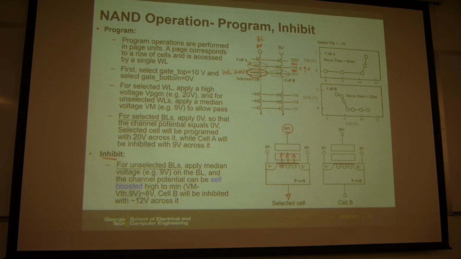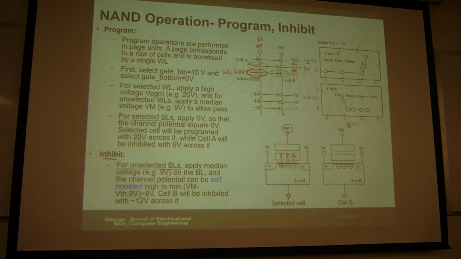And this figure shows the VTH shift, with different Vm voltage for the cell A. So if the Vm voltage is larger, let's say larger than this, like 11 or 12 volts, you will see cell A's VTH increasing.